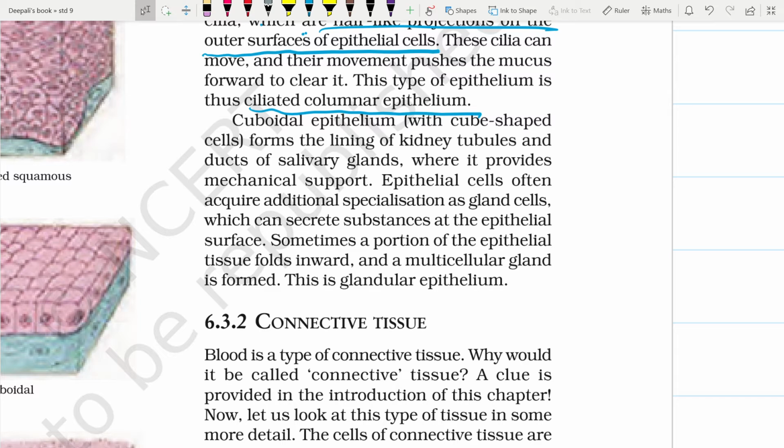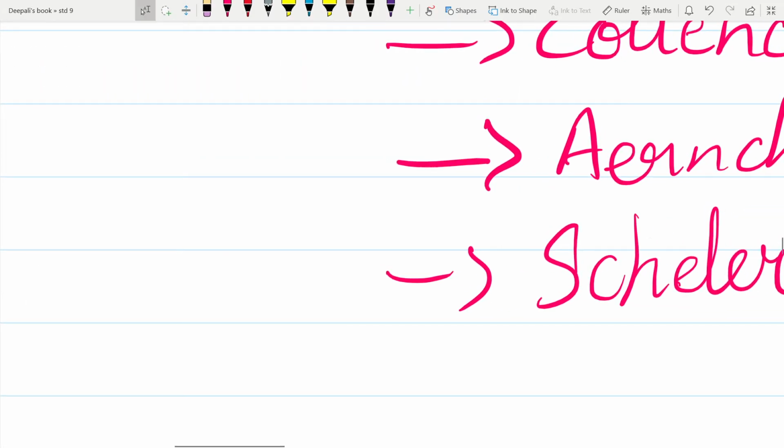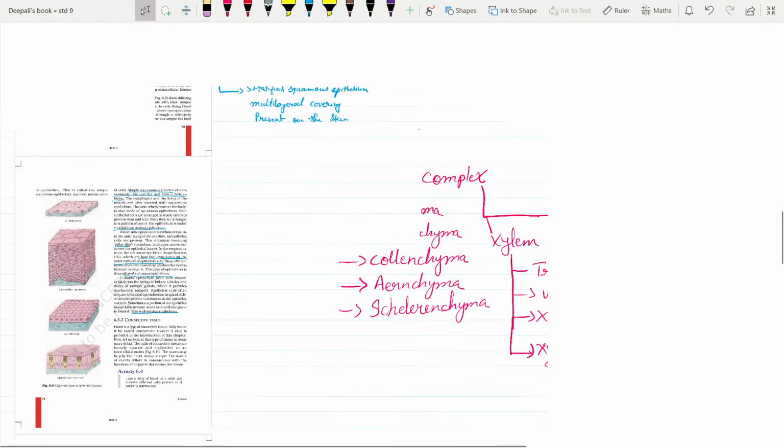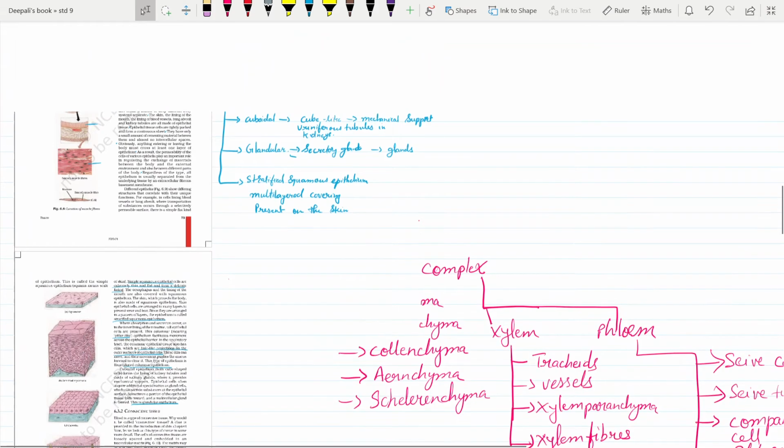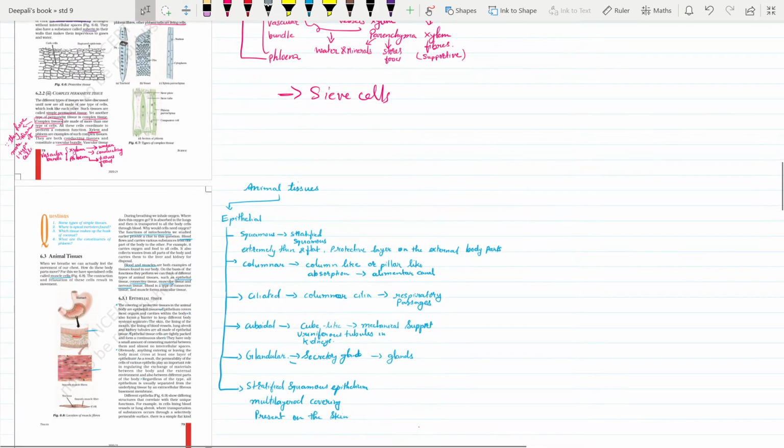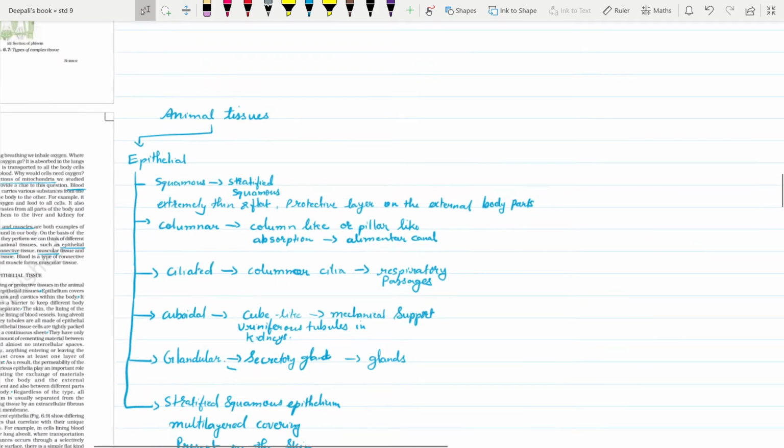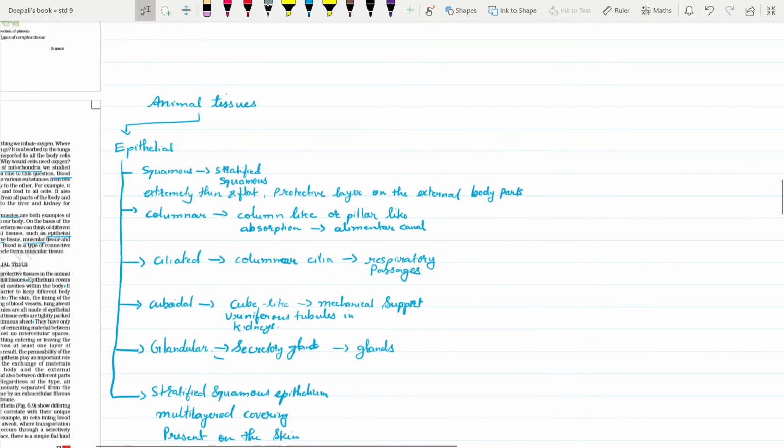Sometimes a portion of epithelial tissue folds inwards and a multicellular gland is formed. These are glandular epithelium. So you are very clear with these epithelial tissues now. These are the structure and function of various epithelial tissues.